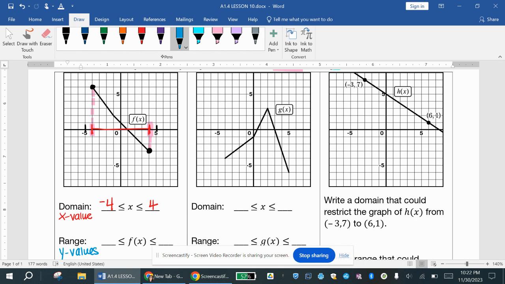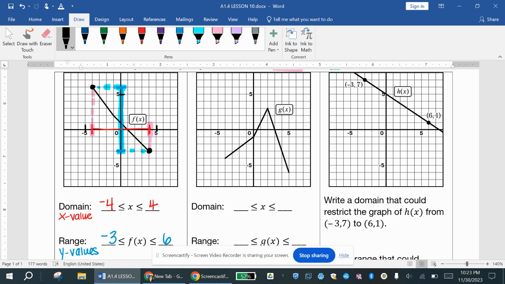So that's the highest, and I'm going to follow that all the way to the y-axis. Then the lowest point is down here. Follow it to the y-axis. You see that? So this is the range right here. The lowest y value is -3. The highest y value is 6. Just be careful because it's a little hard to see the 5s.